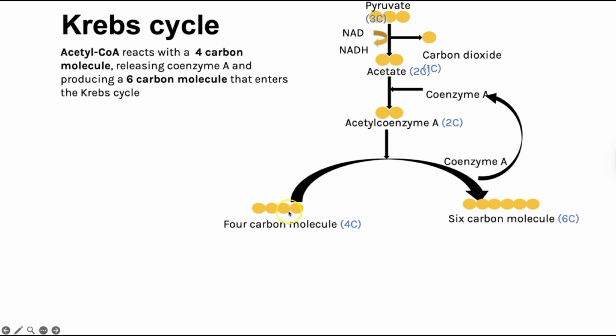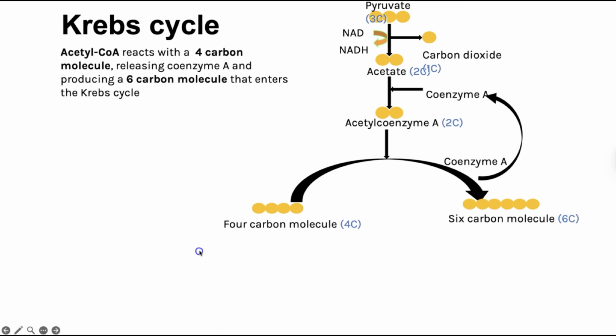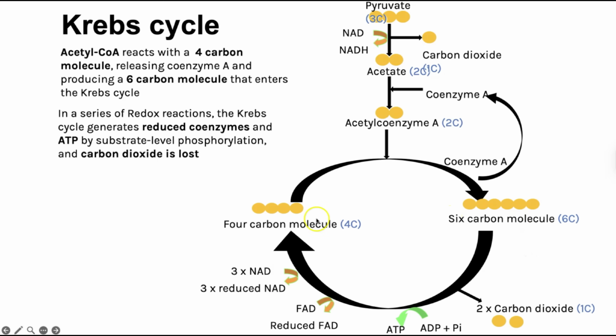Acetyl-CoA is going to combine with a 4-carbon molecule. So we've got 4 plus 2, that makes a 6-carbon molecule. And once that has happened, coenzyme A is released and it can be reused in the link reaction. We then have a series of redox reactions where we go from having a 6-carbon molecule back to the 4-carbon molecule.